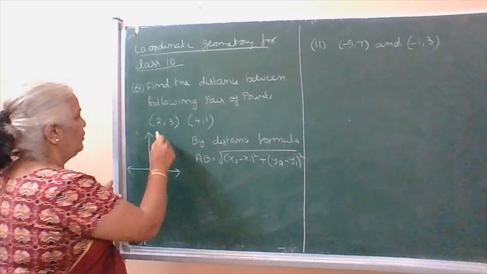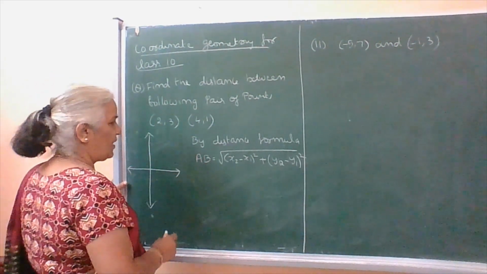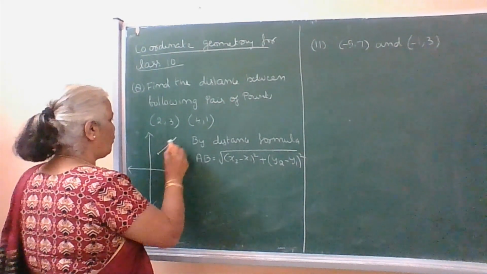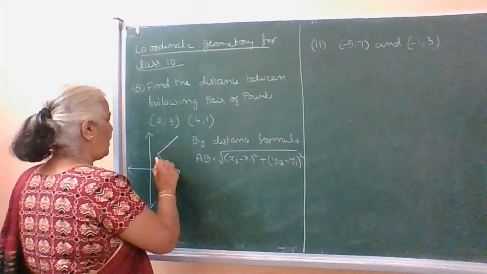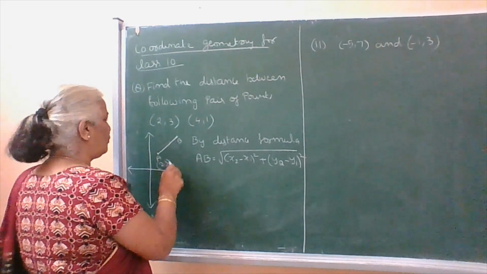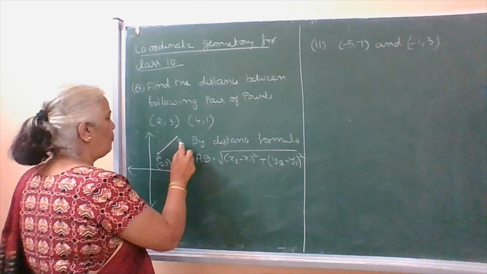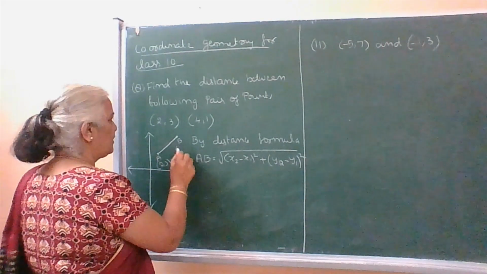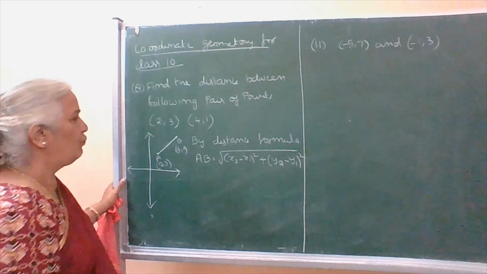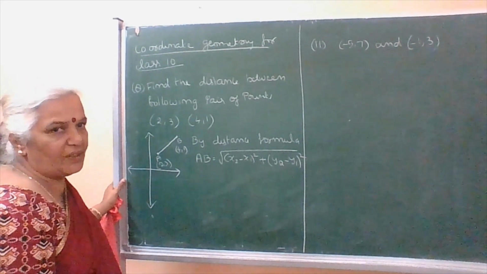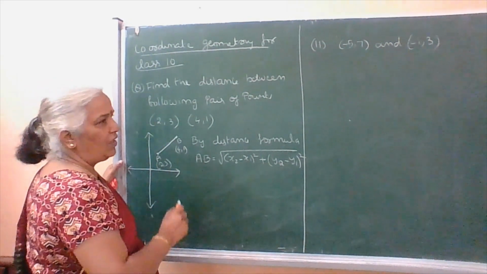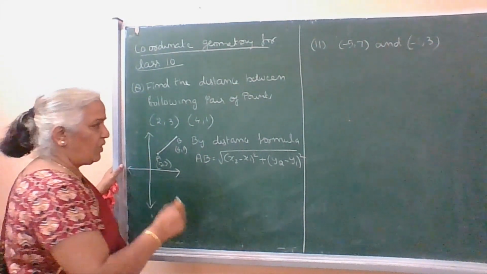Here both are with the plus sign, therefore both will come in the first quadrant, and here we call this line as A and B, and coordinate of point A is (2, 3) and coordinate of the point B is (4, 1). And we have to find the distance between the points. These points are there on the Cartesian coordinate plane.